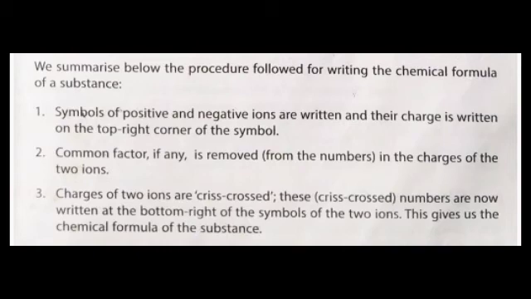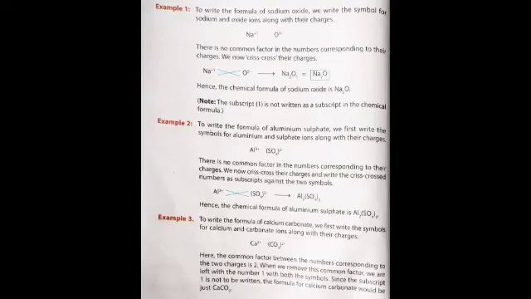Let us see some more examples to understand how we can write the chemical formula. Example 1. To write the formula of sodium oxide, we write the symbols for sodium and oxide ions along with their charges. Like sodium has Na+ and oxide ion has O2−.